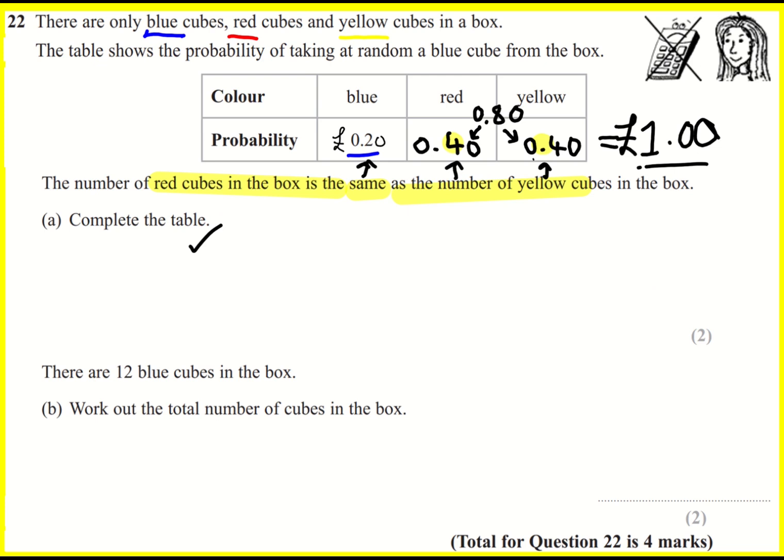Part B: there are 12 blue cubes in the box. Work out the total number of cubes in the box. So there are 12 blue, and we know that the probability for blue is 0.2. So 12 cubes has a probability of 0.2 or 20%.